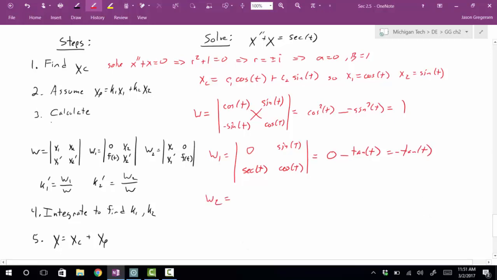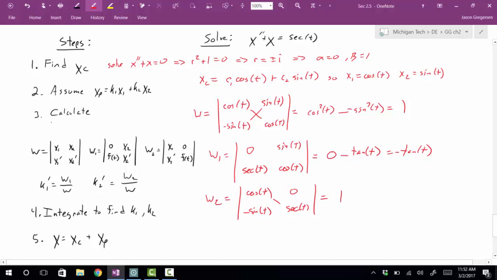What's W2? Well, now I leave the first column like W, cosine of t, negative sine of t. Replace the second column with 0 and secant of t. Now I have the product of cosine times secant. What is cosine times secant? 1.